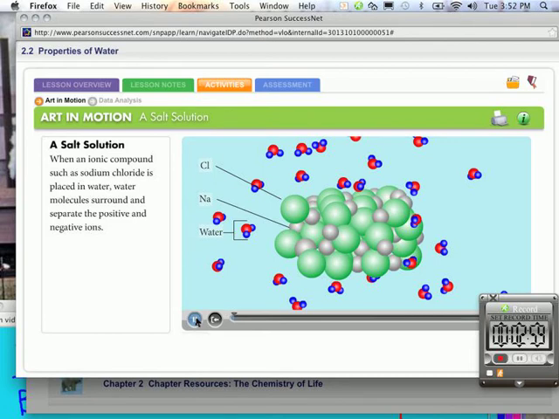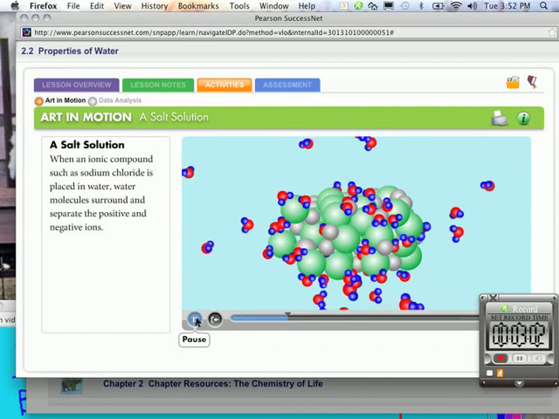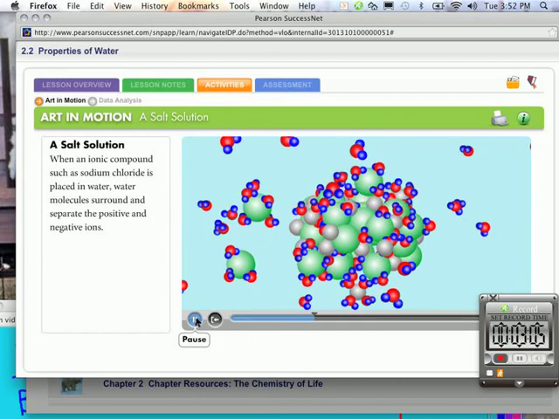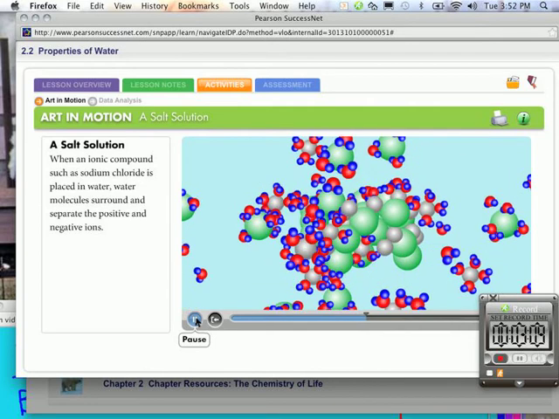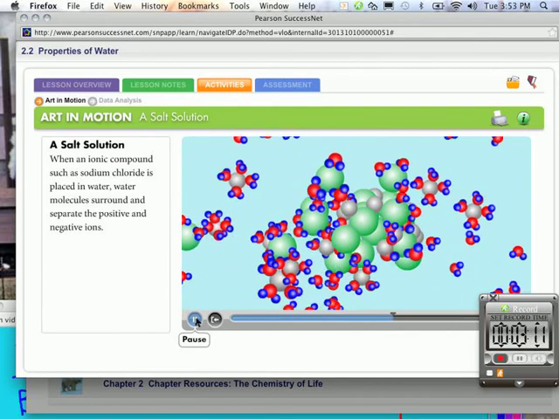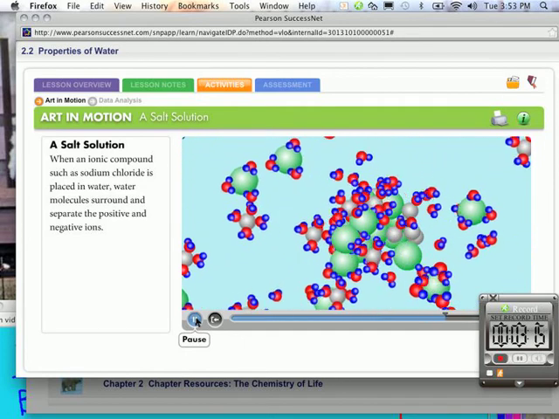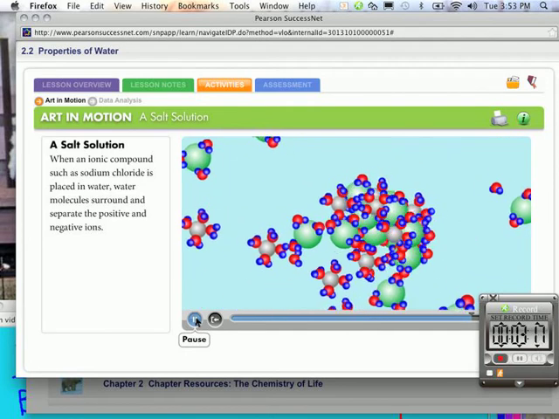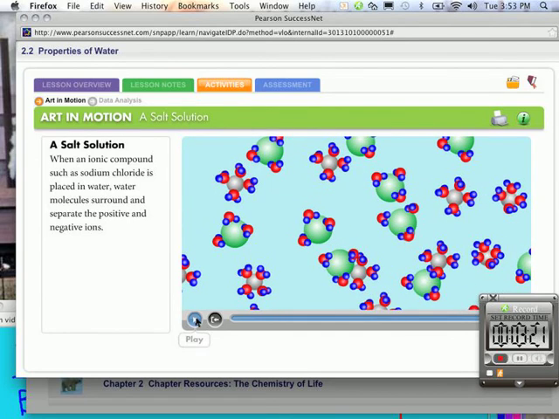All those water molecules, with their polar ends, start to attract these other salt molecules away from one another. And so this is what we call dissolving. And this is how water does it. It uses its positive or negative ends to attract other molecules that have positive or negative ends themselves. Once this occurs, then we have it totally dissolved and you can no longer see it. That's called a salt solution.